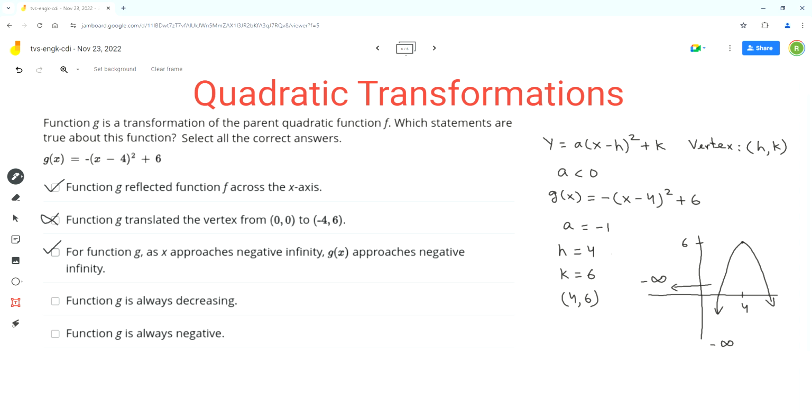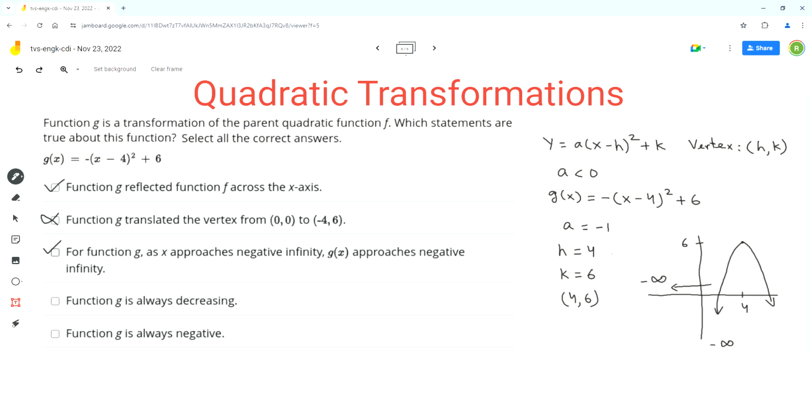Now we can analyze option D. Function g is always decreasing. A function is decreasing if the function values decrease as the x values increase or as we go across the x-axis from left to right.